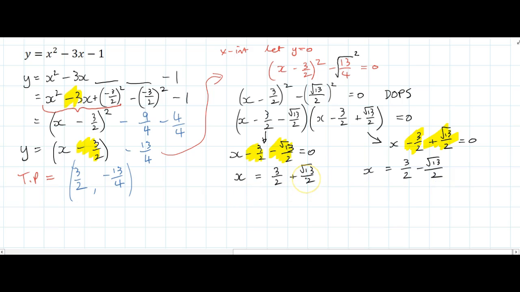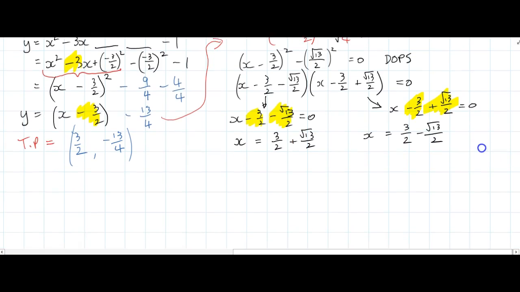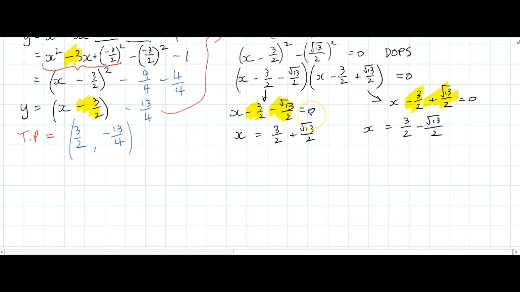Okay, now, these aren't quite finished. See, we've got surds here, so this is in exact form. Let's combine those because they've both got a common denominator, we can put them over the same thing.